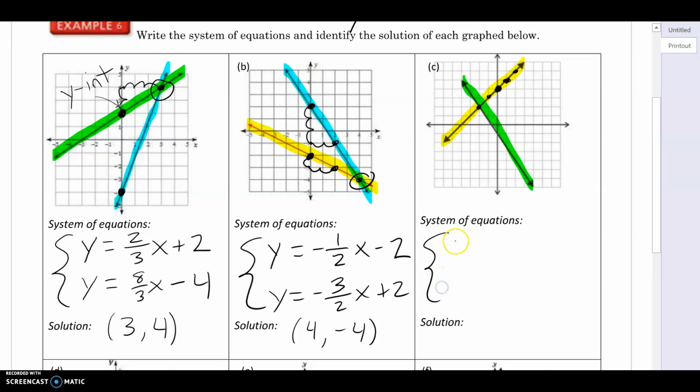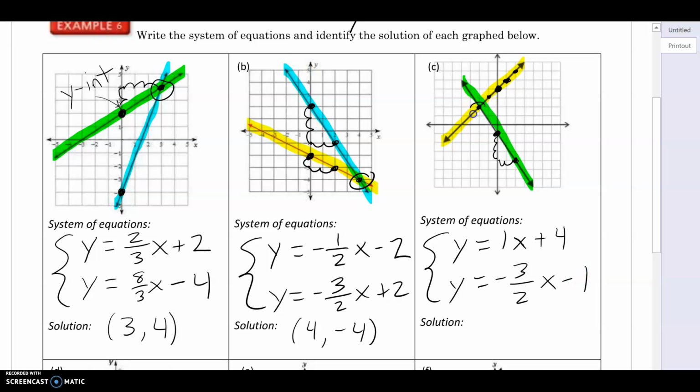So for my first equation, it's y equals 1, because 1 over 1 is 1, 1x plus 4. For the green line, my y-intercept's down here at -1, and I'm going down 1, 2, 3 over 1, 2. It looks like I'm going down 3 over 2. So that means negative 3/2 x, and the y-intercept there is at negative 1.